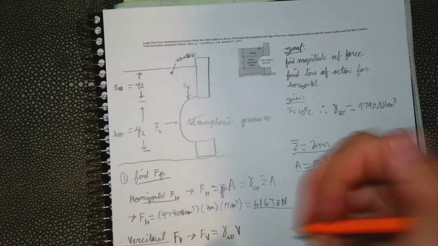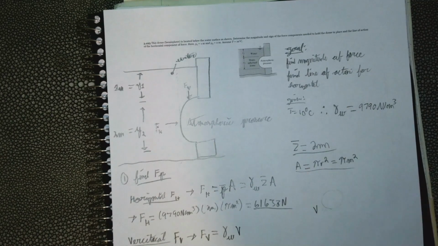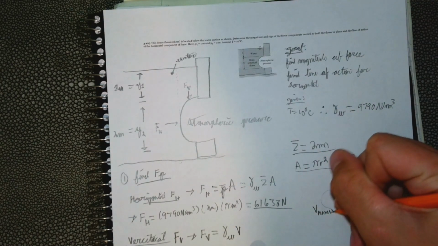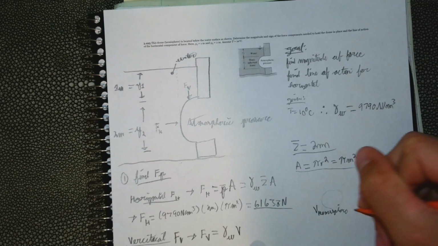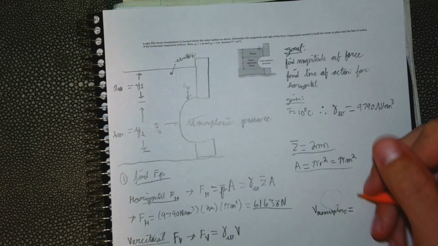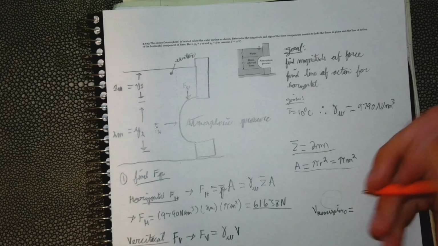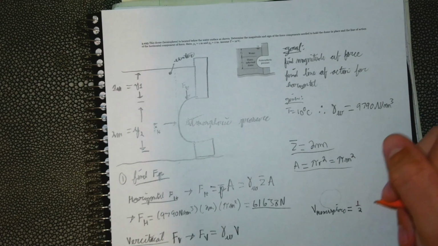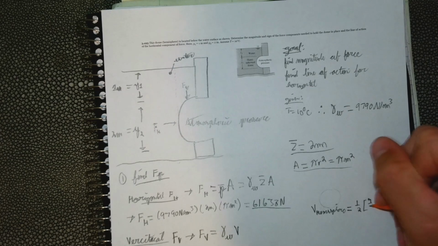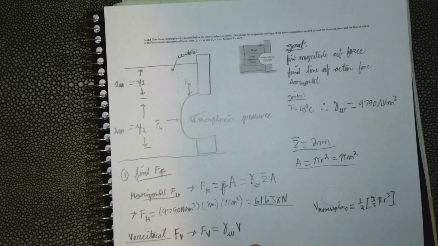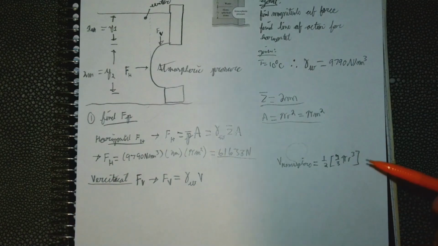So the volume of a hemisphere is one half of four thirds pi r cubed. I put a half here because the textbook gives you the volume of a sphere, so I just halved it because it's a hemisphere.